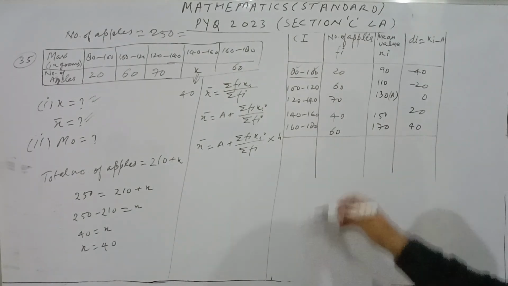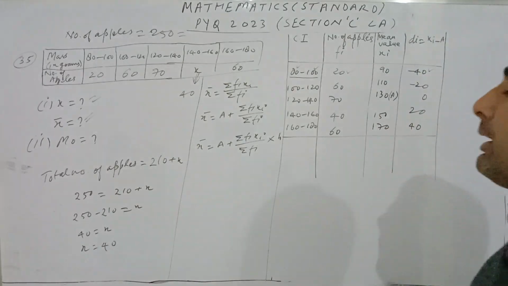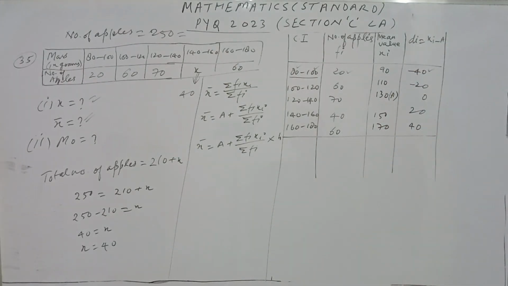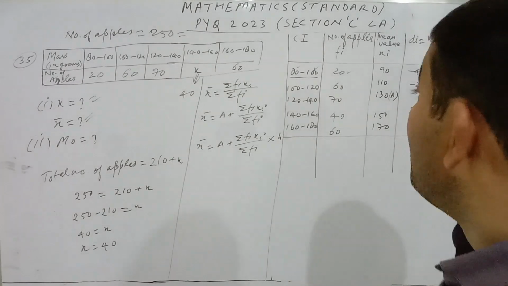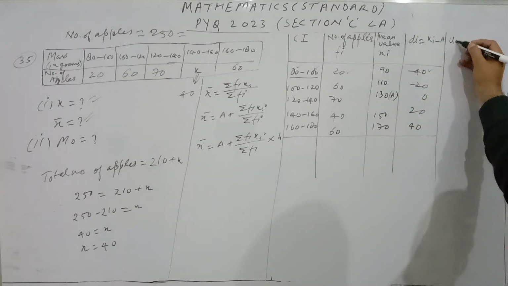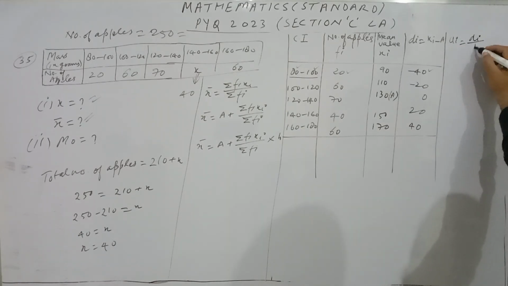If we find fi di, the values of fi and di are both so large. Okay, so what will we do? We will now find ui. ui is di upon h.